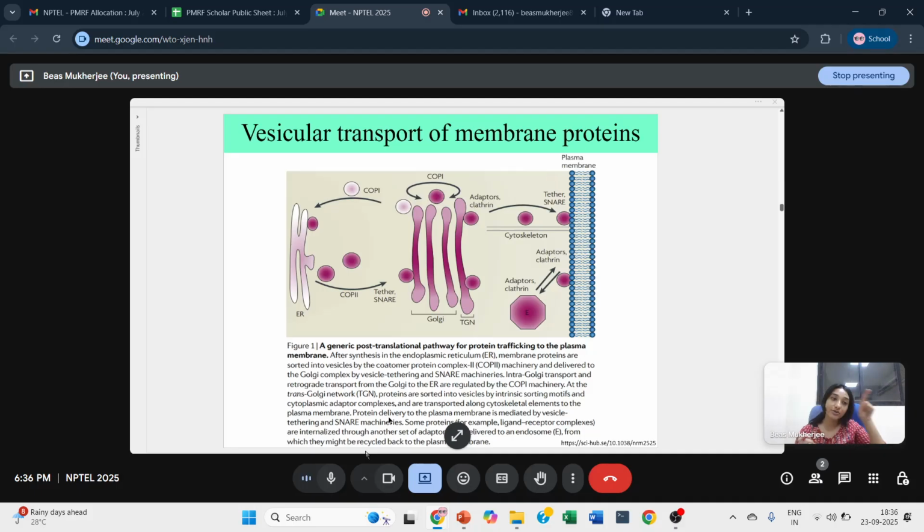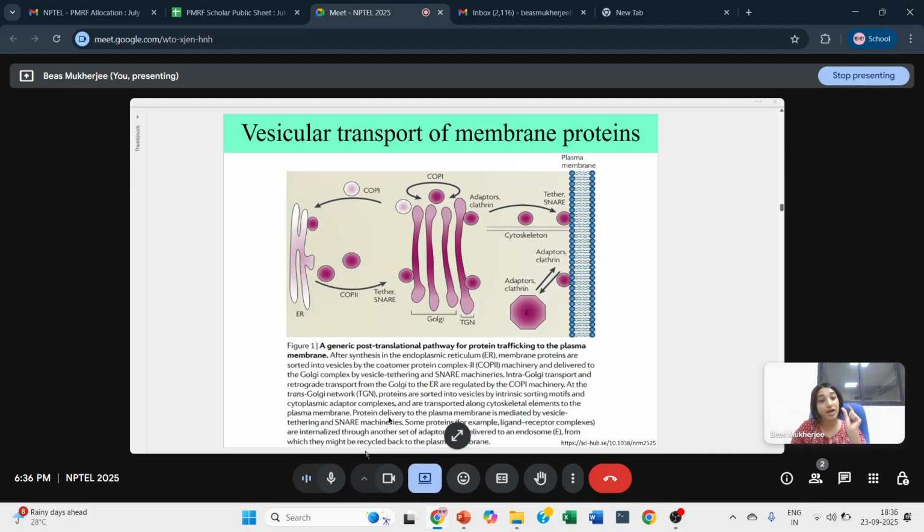So, this is anterograde transport from ER to Golgi. This is mediated by COP2 vesicles using tether and SNARE. And the retrograde transport and the transport between the Golgi membranes, the Golgi network, that is mediated by COP1 vesicles. Okay. Now, they are sorted into vesicles by intrinsic sorting motifs. And okay, so that is done.